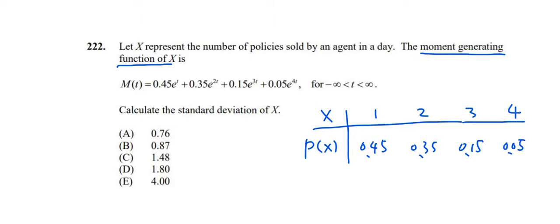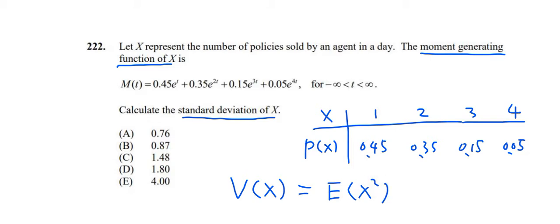To find the standard deviation or variance of x, it is just a calculation. The variance of x is the expectation of x squared minus the square of the expectation of x.